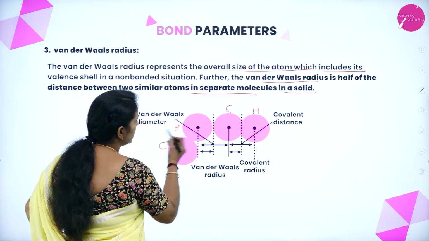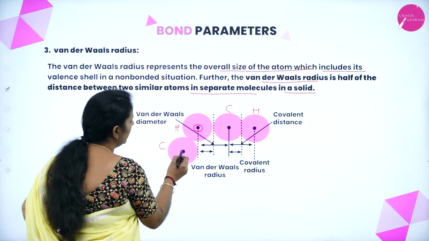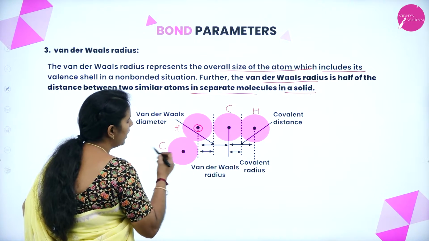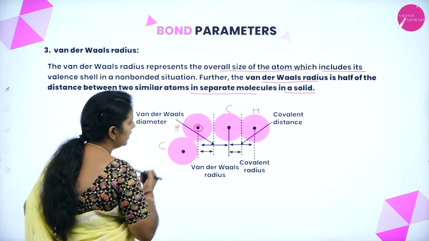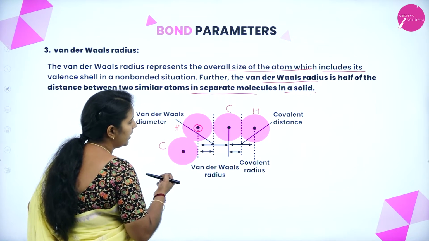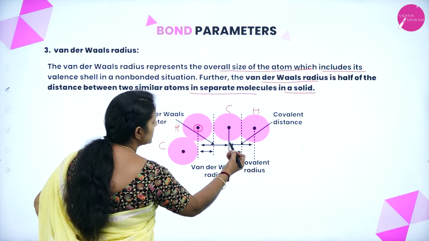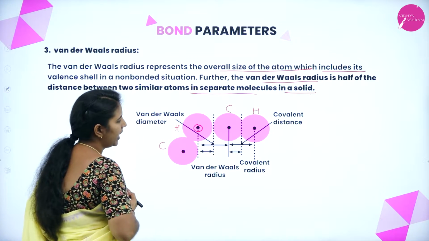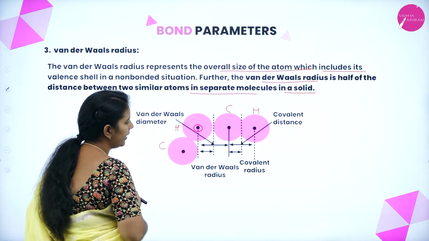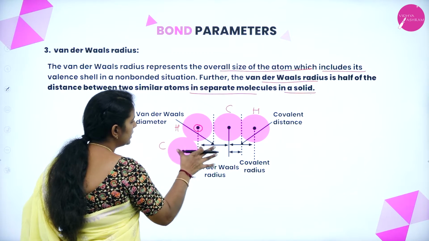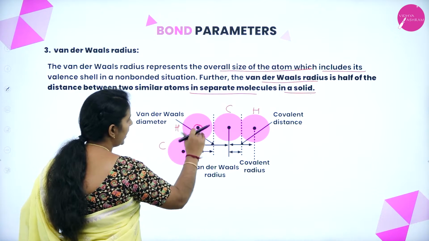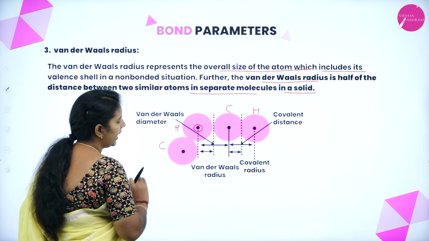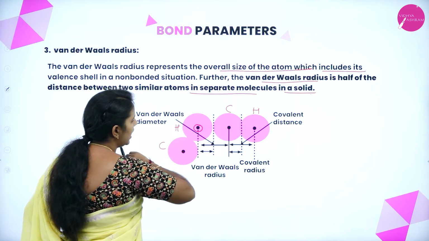You can see that this is the center of the hydrogen, this is the center of the carbon atom, and these two are separated by an imaginary line, and we know that the covalent radius is half of the distance between the two bonded atoms. So that is the covalent radius, and you can see the distance between any two atoms, this is one atom and consider this is another element.